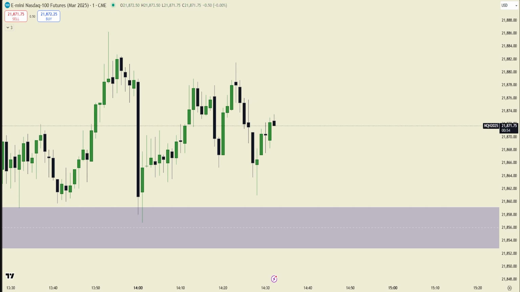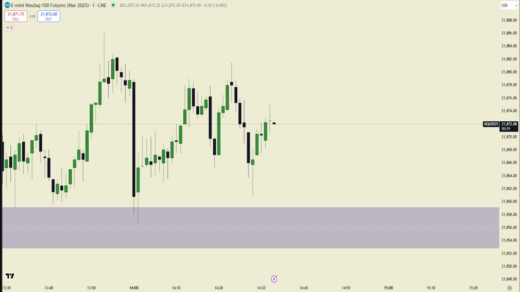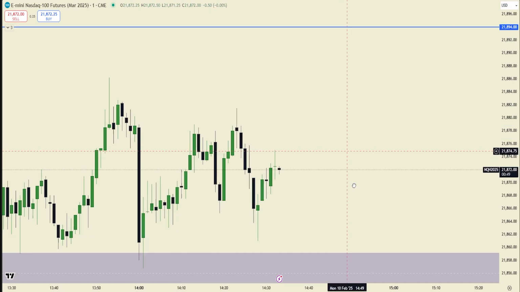There's not a whole lot to say about price right now. We're just still chopping in the same range. SMT, yeah, we do have a bearish one at high of day.